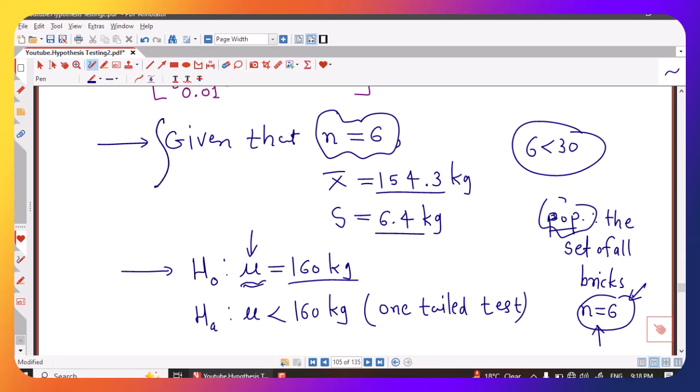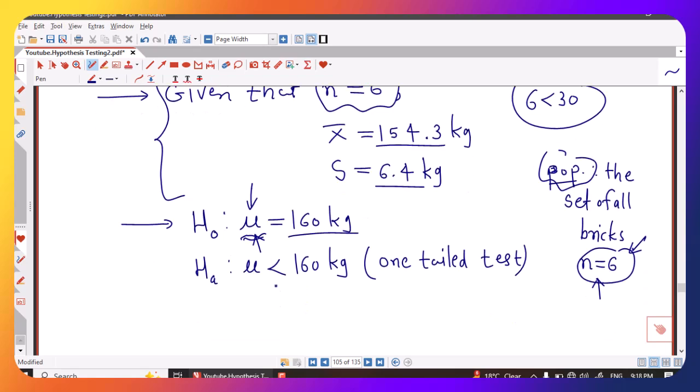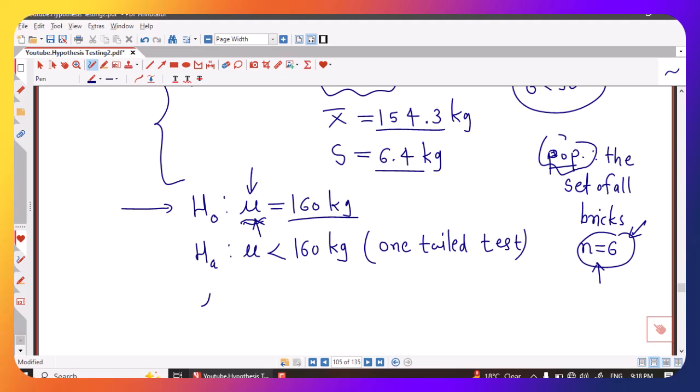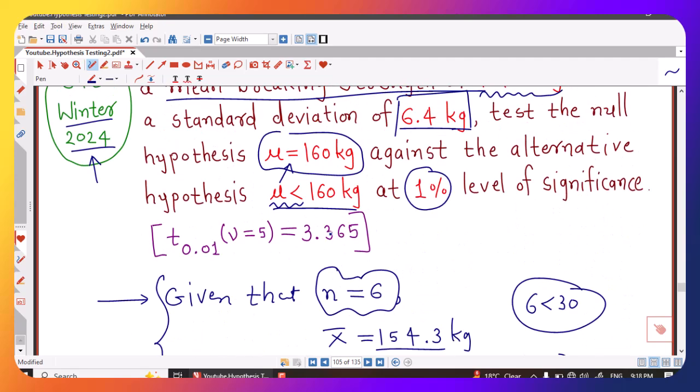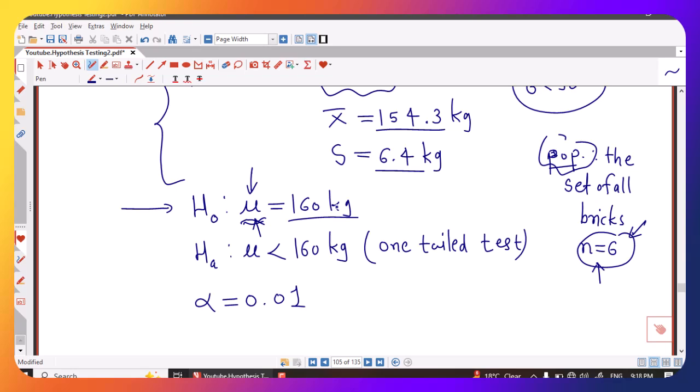Using this sample data, we have to test the null hypothesis that mean breaking strength of all the bricks is 160 kg against this alternative hypothesis, and level of significance is given as 1%, that is alpha equal to 0.01. Our alternative hypothesis is one-sided, therefore we will use one-tailed test.